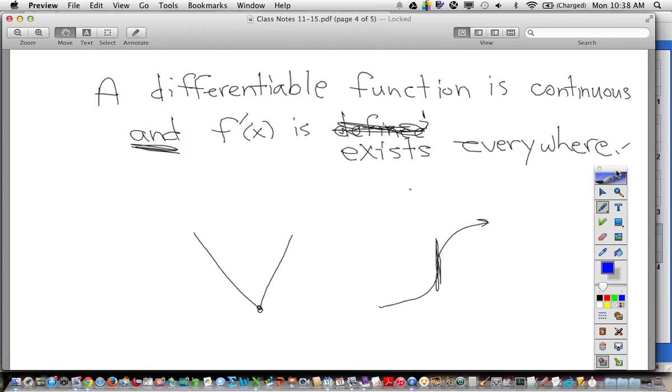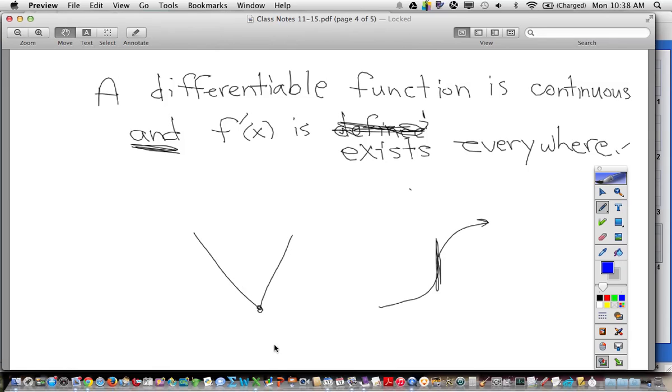All differentiable functions are continuous. Not all continuous functions are differentiable. Those are some terms we often see in the directions, like assume f is a differentiable function. As soon as you see that, you just know it's nice and smooth, derivative exists everywhere, no sharp points, no breaks, no gaps.